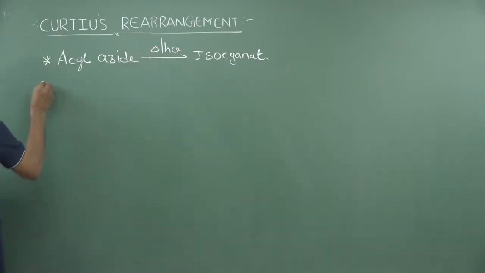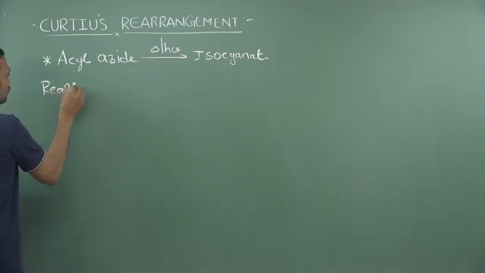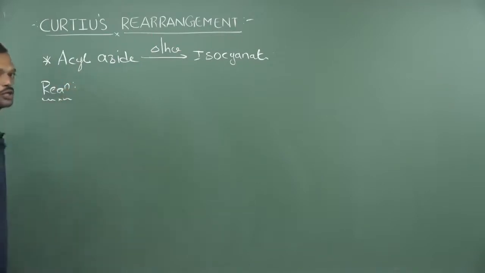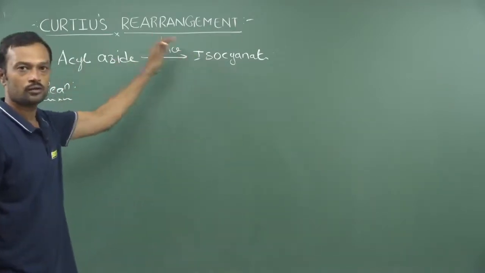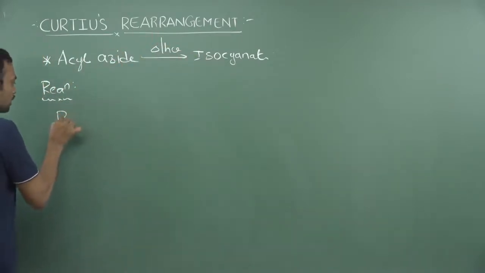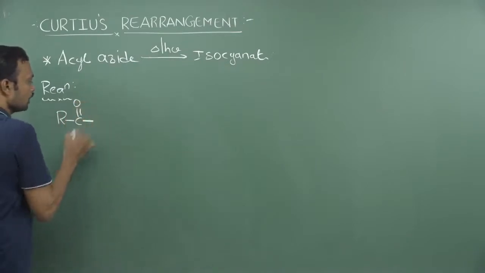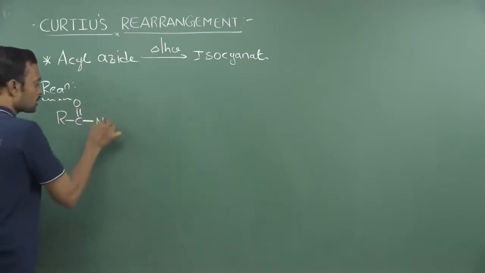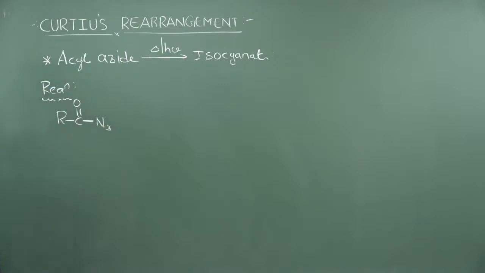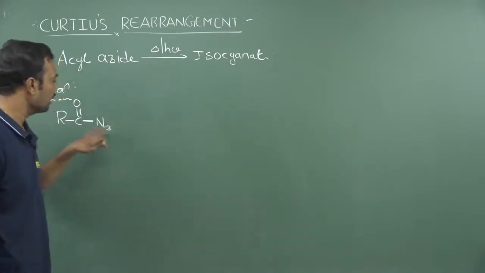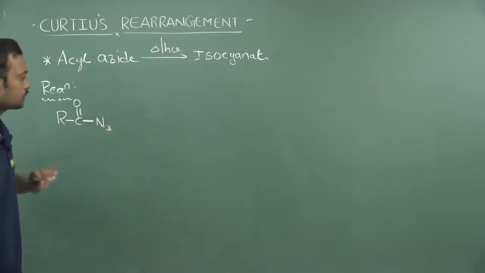Okay. So here I would like to write a reaction, then later you will see how it is used to convert to an isocyanate, with mechanism. Here I am writing an alkyl group, this is an acyl group here. Now it is attached to azide, N3. This is called azido, hydrazoic acid. You can also see in the Schmidt rearrangement, HN3 is nothing but hydrazoic acid.